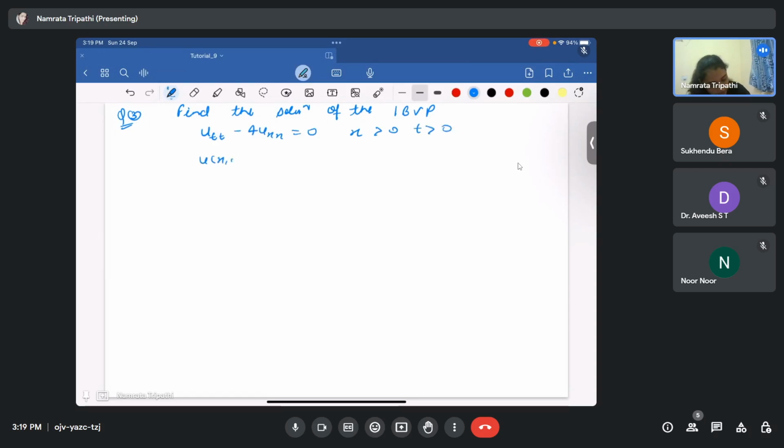U of x, 0 is sine of x and u_t of x comma 0 is x square. This is the initial condition. Boundary condition is u of 0 comma t. Now please solve.